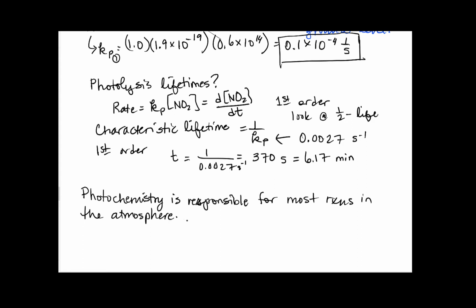And a lot of the molecules or fragments that are doing the chemistry are going to be these highly reactive oxidizing species. So you might call these oxidants, oxidizers, or oxidizing agents.